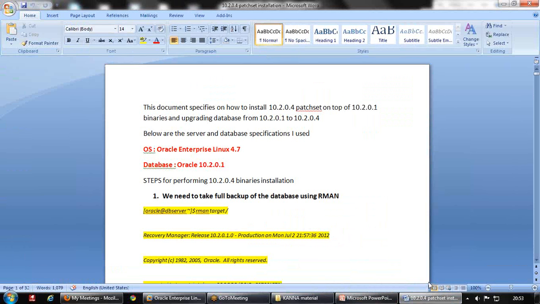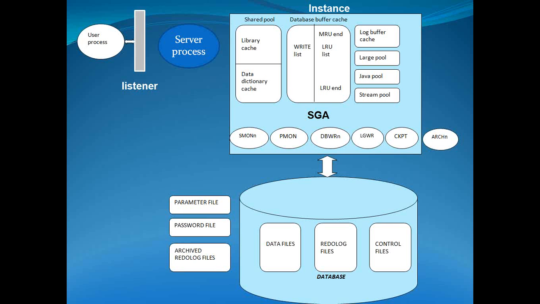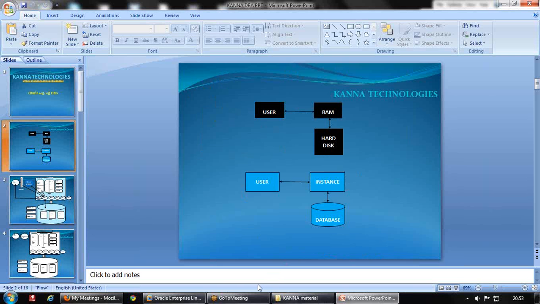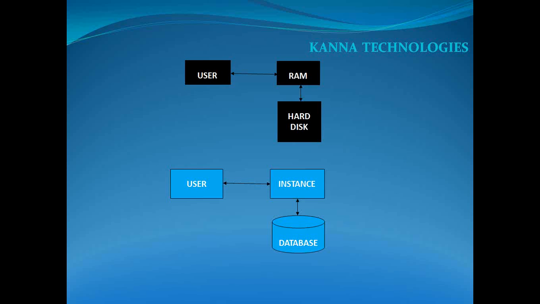So now I have opened so many applications. When I open this many applications, definitely each and every application will consume some amount of memory from RAM. Now in this kind of situation, how will that memory be managed in the RAM?